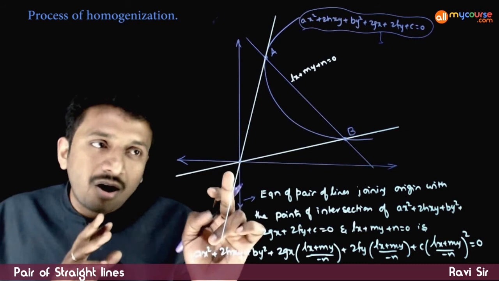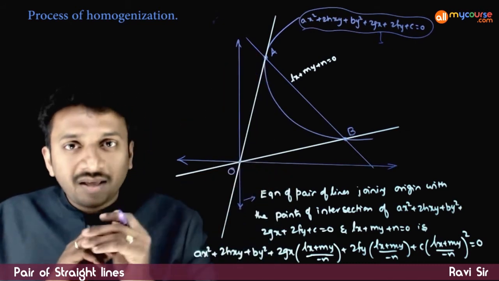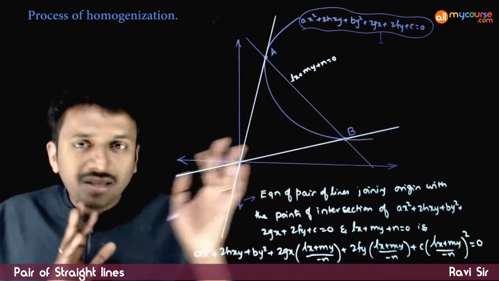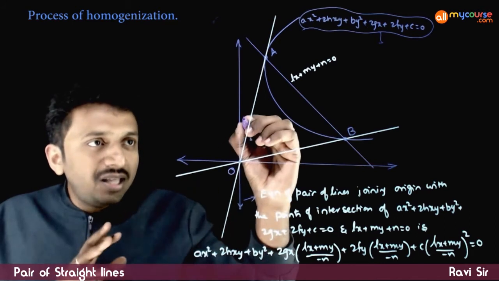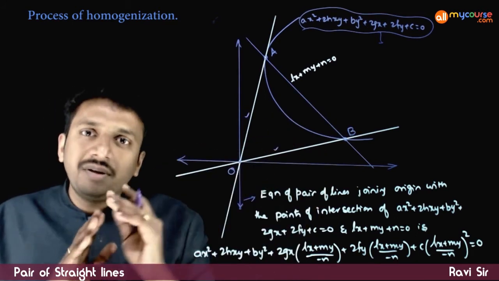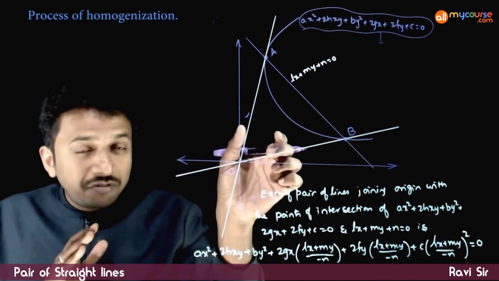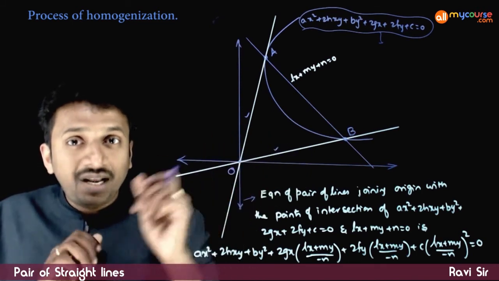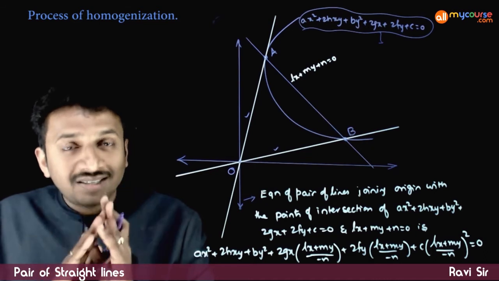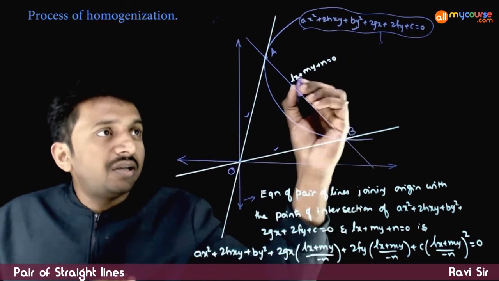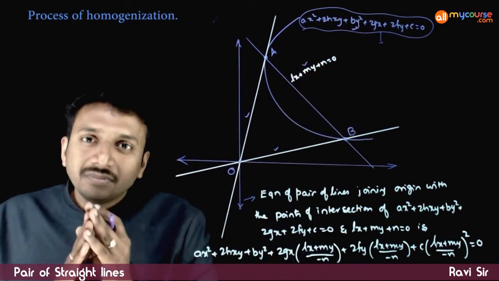That is, origin to A is one line, origin to B is another line. So I want the equation of these two lines. This equation of the pair of lines can be obtained by homogenizing this equation with respect to this equation.